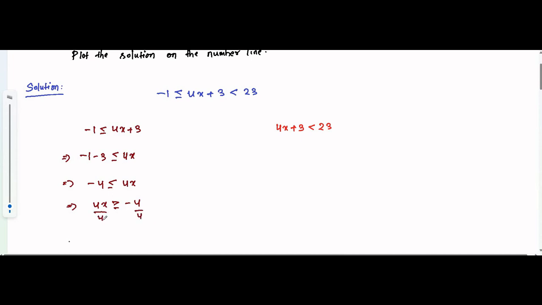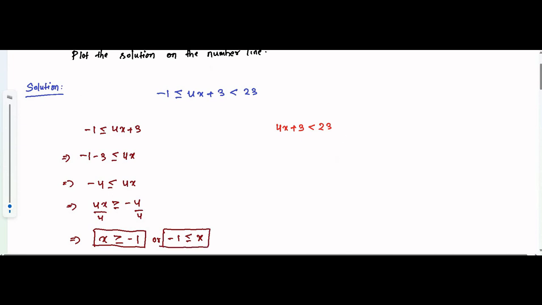The sign of inequality will stay the same, implies x is greater than or equal to -1. This is the first part of the solution, or you can write it as -1 is lesser than or equal to x, same thing. So this is the first part of the solution.